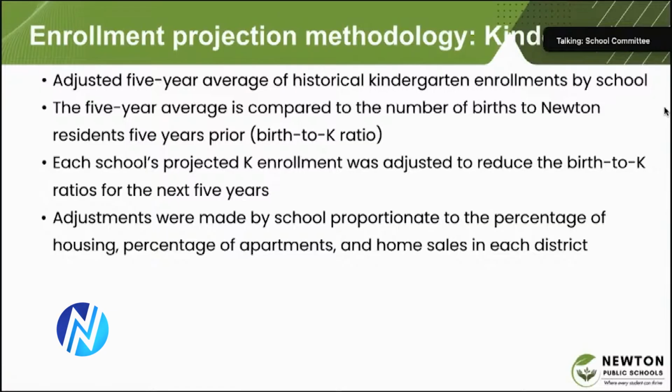Because those ratios were higher, we adjusted each school's projected kindergarten enrollment down slightly to reduce this ratio over the next 5 years, so it looks similar to what we've experienced in recent history. And we made those adjustments by school proportionate to the percentage of housing, the percentage of apartments, and the number of home sales that happened within each elementary school district.